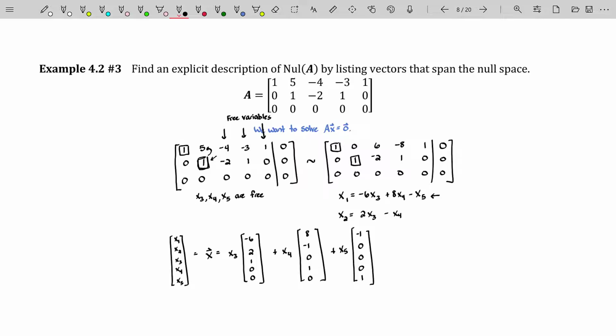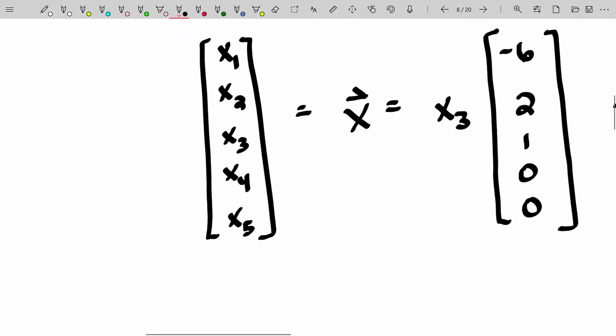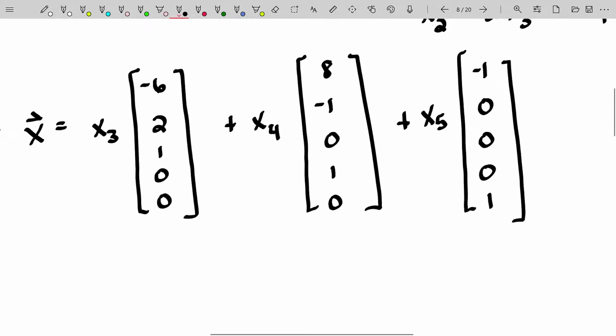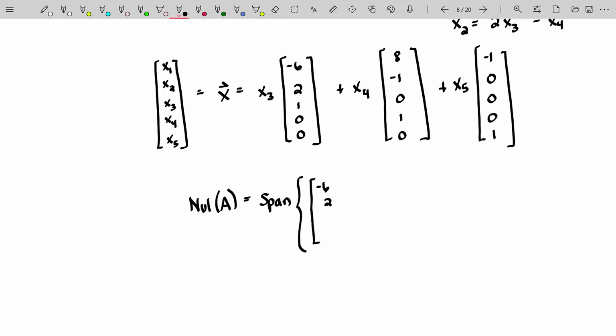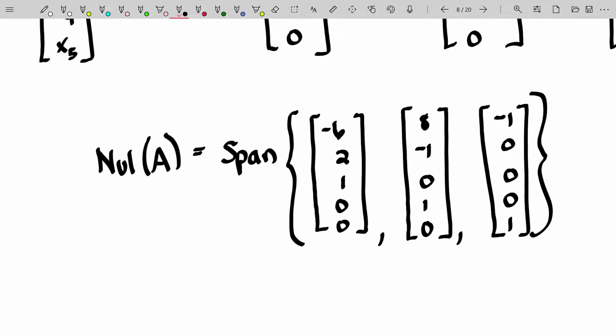Now, to write the explicit description of the null space, we'll just say, you know what? To get any vector in our null space, I just need a linear combination of these 3 vectors. That is, the null space of A is just a span of those 3 very special vectors.